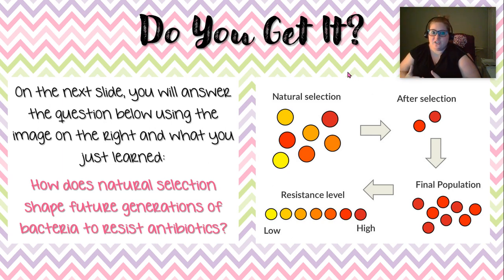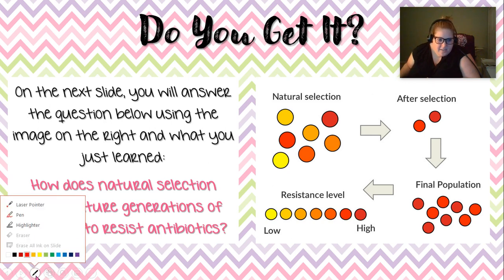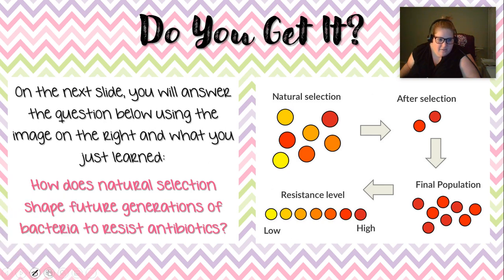So on the next slide, you're going to see the same image, and it has basically combined the images that we've done on the last screen. I did not make this image, and I'm actually not thrilled with this arrow here.